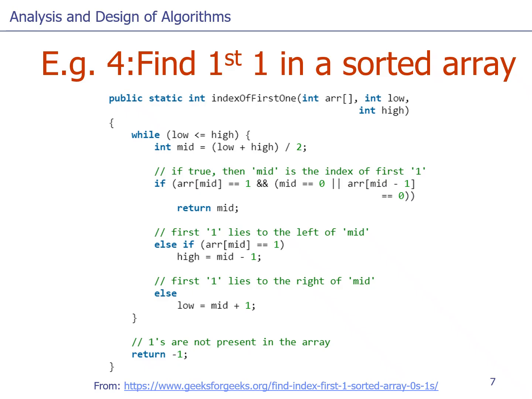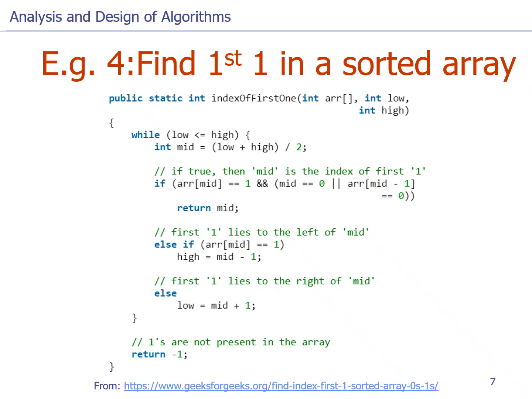I say if array of mid equal to 1 and mid equal to 0, or array of mid minus 1 equal to 0. I want you to think with me about what's going on here.